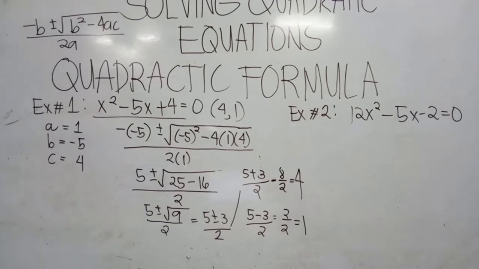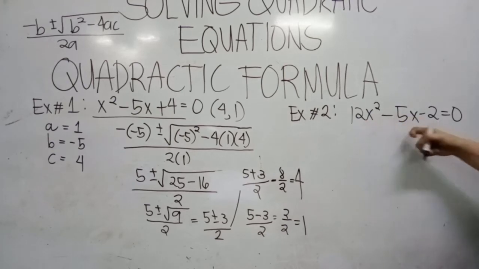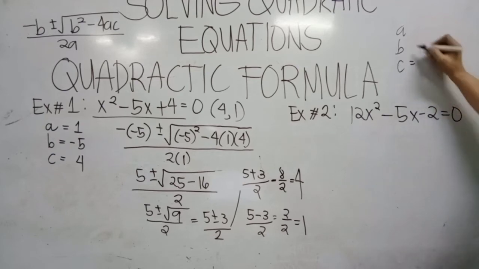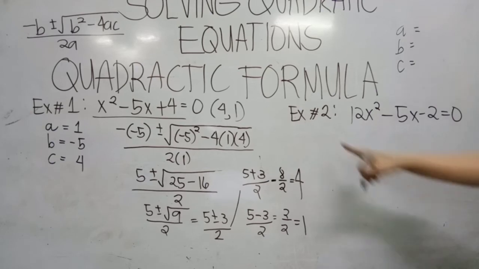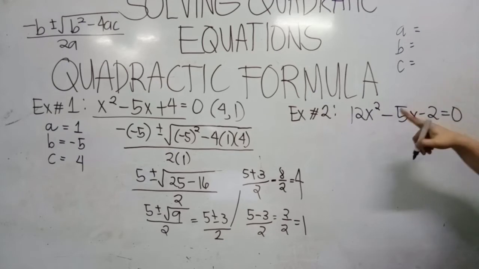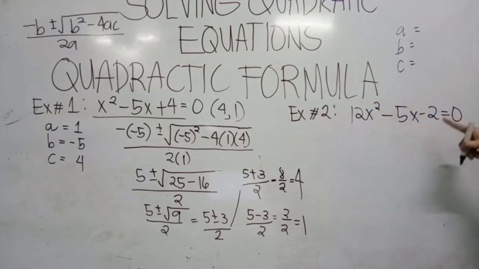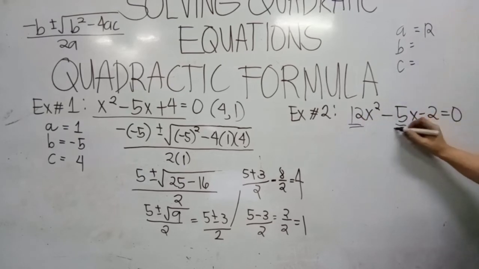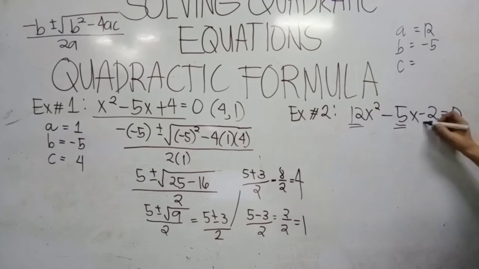Let's have the second example, which is 12x squared minus 5x minus 2 equals 0. Let's identify first what our a, b, and c are for equation number 2. So we have 12x squared minus 5x minus 2 equals 0. Our a is 12, our b is negative 5, and our c is negative 2.